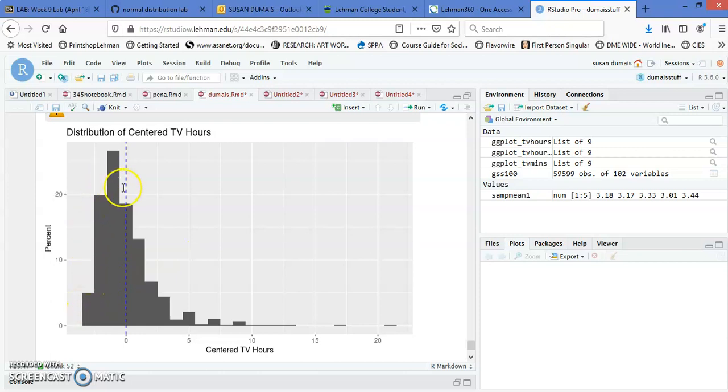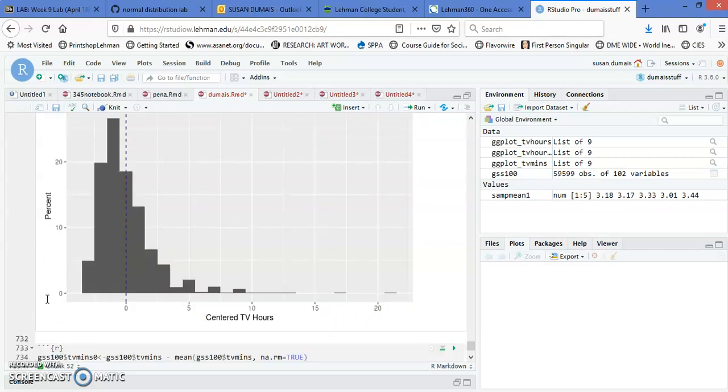Notice the overall shape is the same, but notice now instead of the mean being at nearly 3, which is what it was for our original TV hours variable, the mean is now at 0. This is because we subtracted the mean from every value in our distribution. Centering it means subtracting the mean. And so this is how it looks for TV hours.